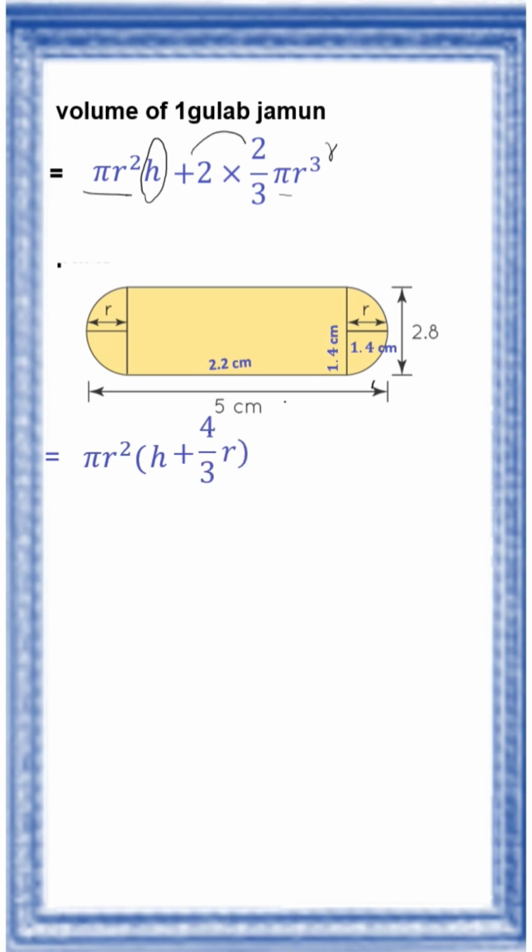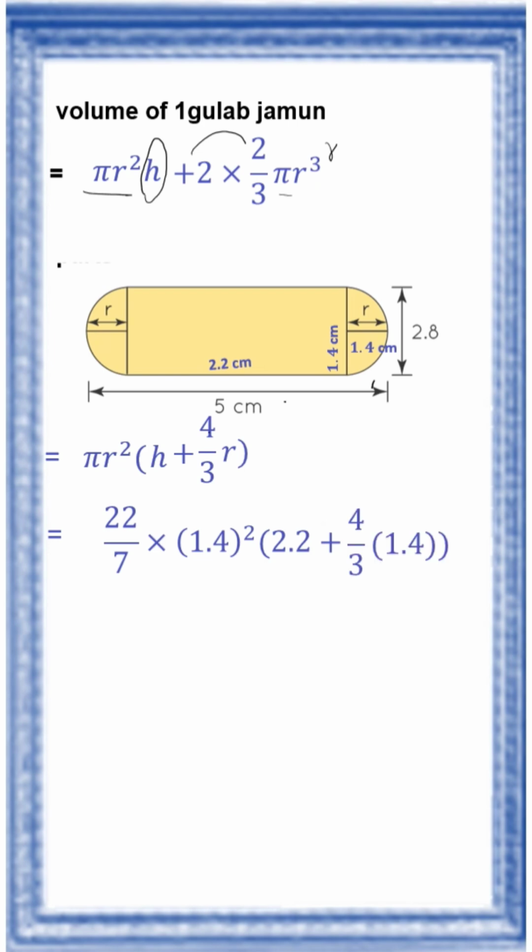Now let us substitute the values. Instead of pi, 22 by 7; r is 1.4, the square, into h is 2.2 plus 4 by 3 into 1.4.